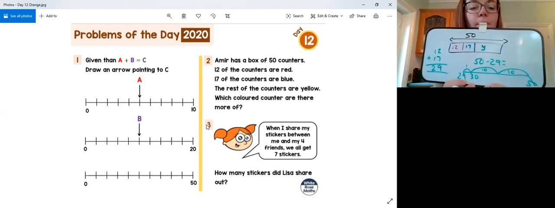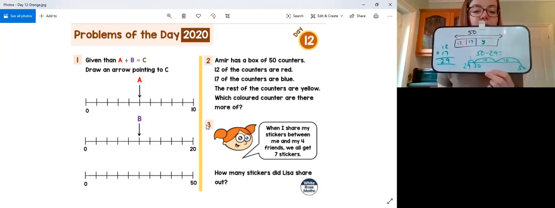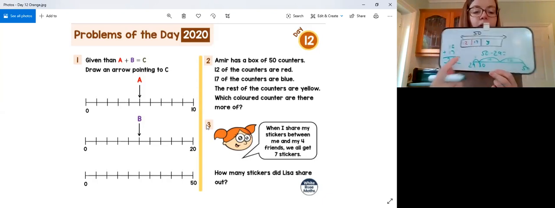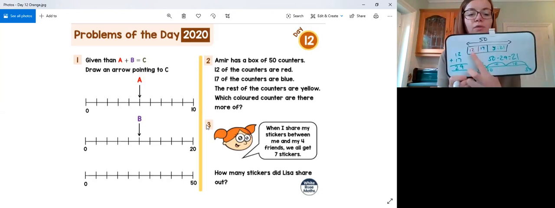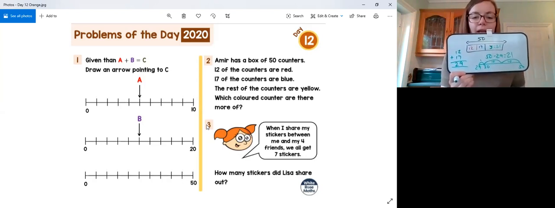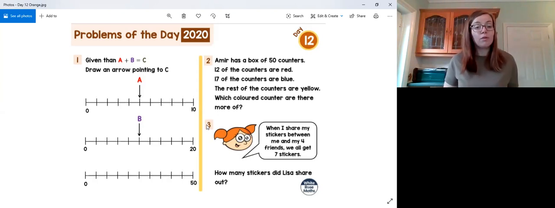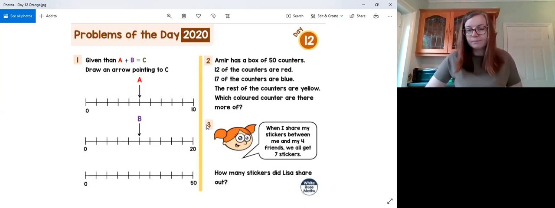So if we show it on a number line, we went 1 to 30 and then 10, 10 to 50. 10 plus 10 plus 1 equals 21. So we now know we have 12 red, 17 blue, and 21 yellow. So which colour are there more of? Yellow.